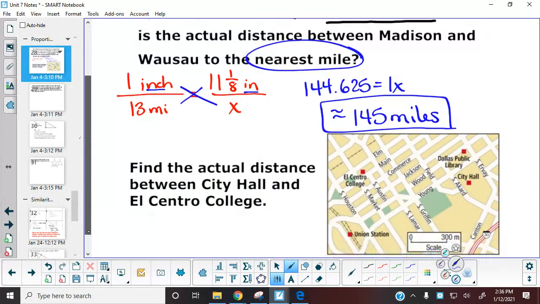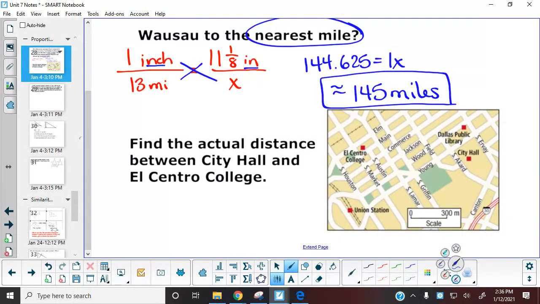So if we take a look at the second one, we're not actually going to do the math behind the second one, but what we are going to do is just talk about how you would go about doing this. So when you look, it says to find the actual distance between City Hall and El Centro College. So what you would want to do is figure out how far this is, and then how many of those go from here to here. We can kind of eyeball this.